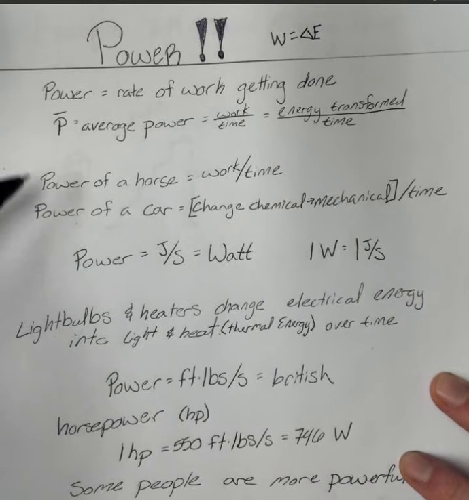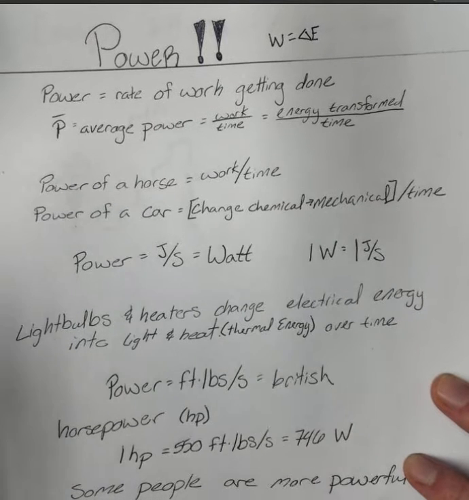So these are two different concepts because it's how the work is getting done or how the energy is being transformed. Now, of course, a horse is also transforming its chemical energy from its food sources into mechanical energy for its ability to apply a force over a distance. But when we are curious about the power of a horse, we're really curious about how much force can that horse apply over that displacement of an object and how much time.